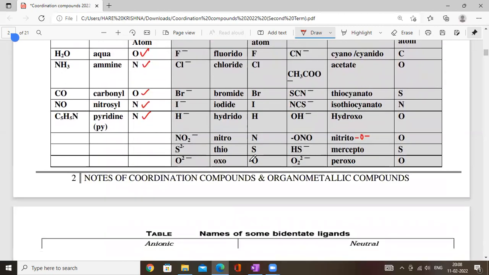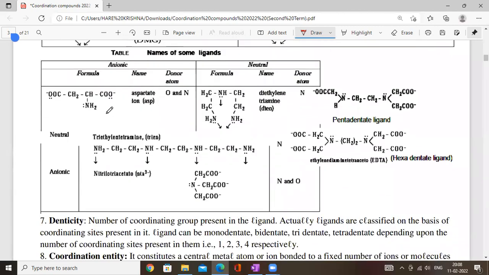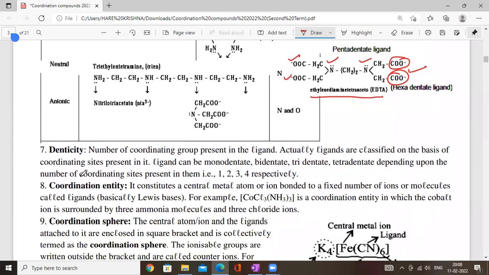Now, the next is an example of a few polydentate ligands. This is EDTA, ethylenediaminetetraacetic acid, which has 1, 2, 3, 4, 5, 6 coordinating atoms. Then there is a term which is called denticity. The number of coordinating groups that are present in the ligand is exactly called its denticity. As usual, denticity is always related to teeth.